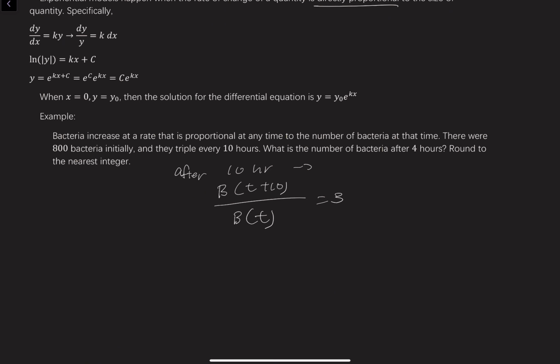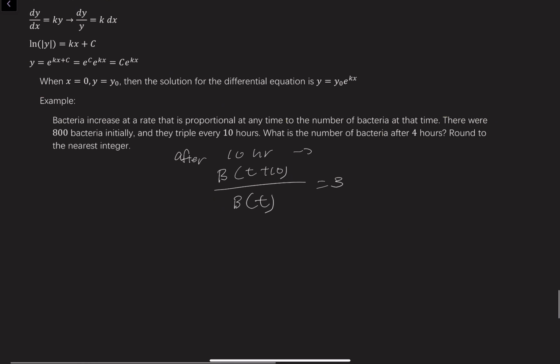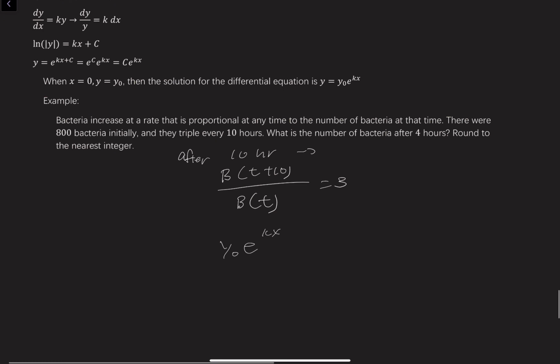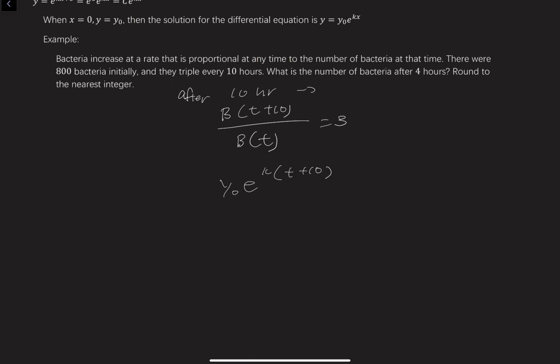So now let's solve for this. Let's use y0 e to the kx. x is in fact t plus 10, because we're substituting t plus 10 into that function. And now we have to divide by b of t, that's y0 e to the kt.